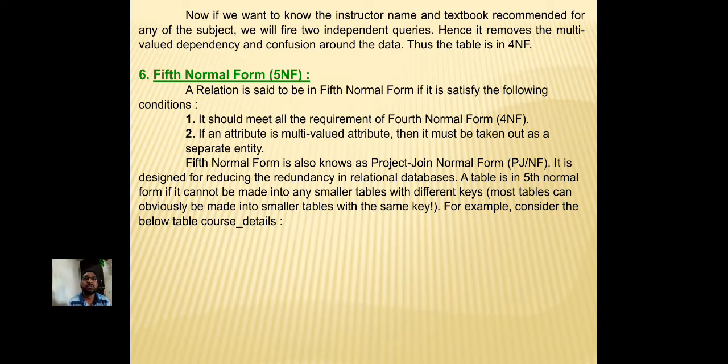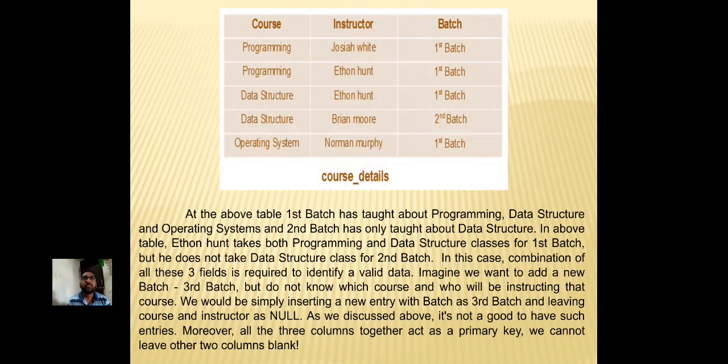For example, consider the below table, course detail, with course, instructor and batch. In the above table, the first batch has taught programming, data structure and operating system, and the second batch has only taught data structure.